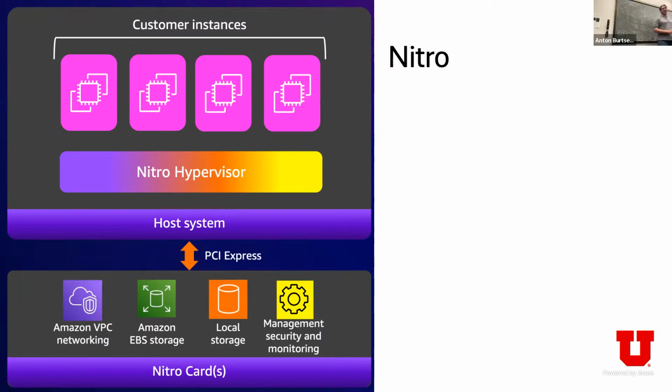Those Nitro cards in some cases probably run beefy silicon, right? It's a way to design a system which is somewhat unusual. It's no longer centered around the general CPU, but rather around the PCI bus and those Nitro cards, using the CPU in some way as an accelerator, which just occasionally runs something, right?